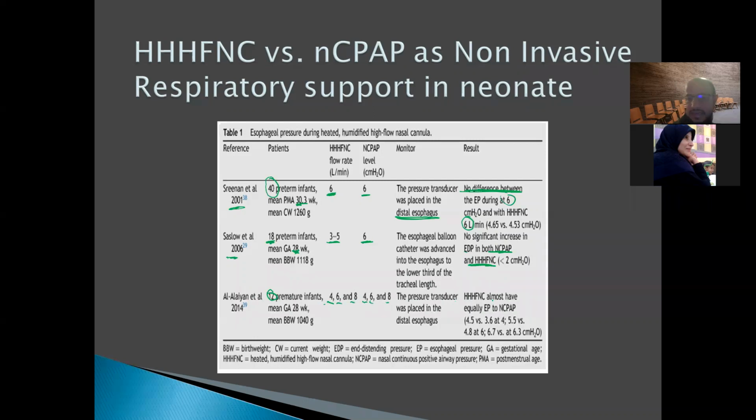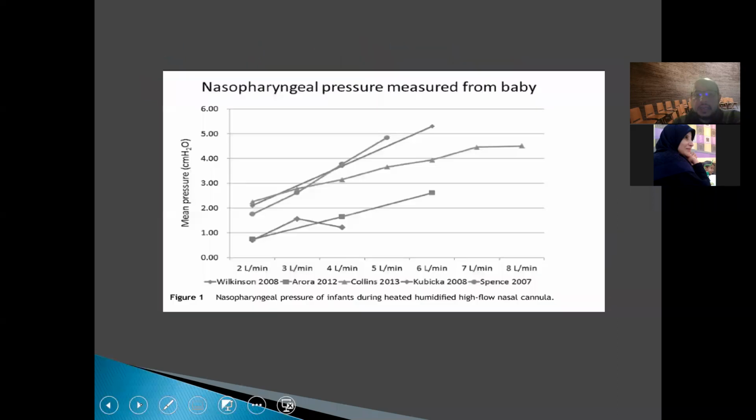Okay, and ED means end distal pressure measurement. Nasopharyngeal pressure was also measured. So this one, the X-axis is the flow, and the Y-axis is the mean or nasopharyngeal pressure. You can see the higher you go on the flow, the higher pressure you deliver.